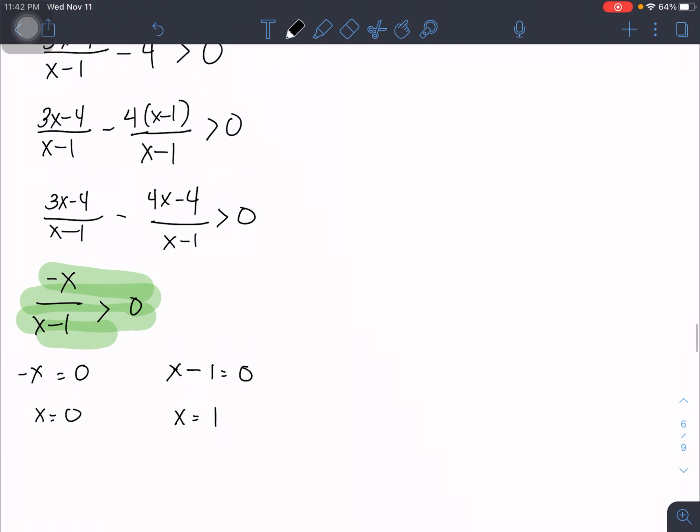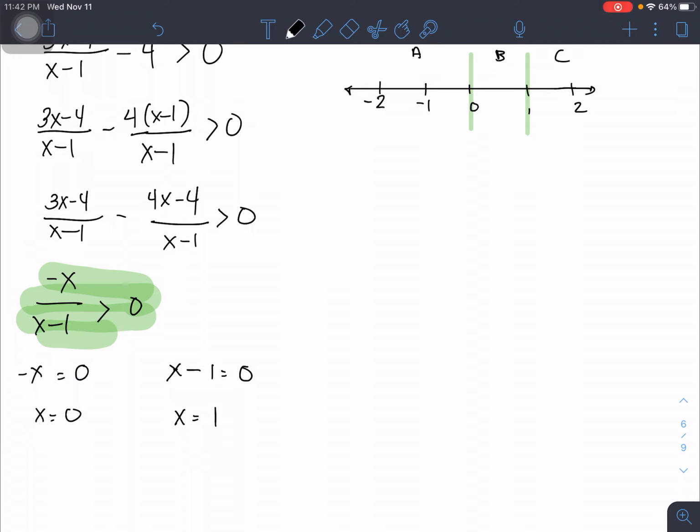So this will be negative 2, negative 1, 0, 1, and 2. Okay, so let's place a partition at 0 and at 1. So this will be region A, B, and C.